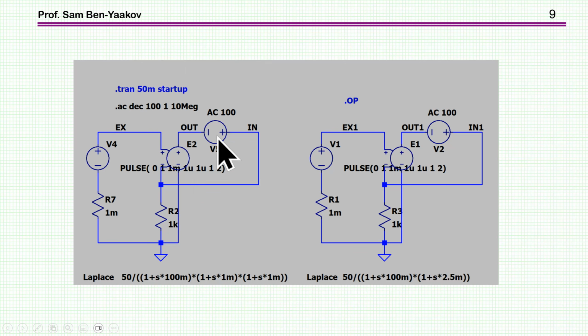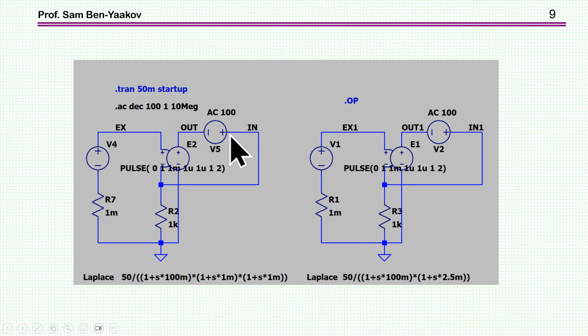In this particular case, I have three poles, one at a very low frequency and then two poles at 1 kilohertz, in fact the same frequency, while here I have only two poles. The AC analysis and the loop gain measurement is done by having an AC source here, so that during AC analysis it is activated.